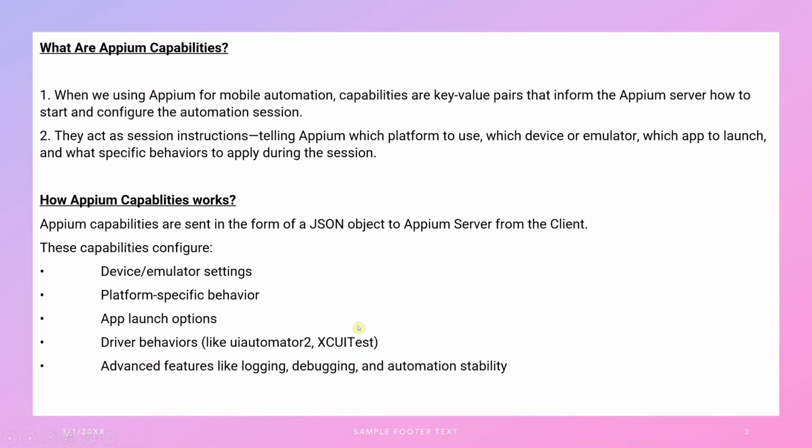All these configurations are done by the APM capabilities, and the capabilities are sent from the client to the APM server as a JSON object. So this is how the APM capability works.